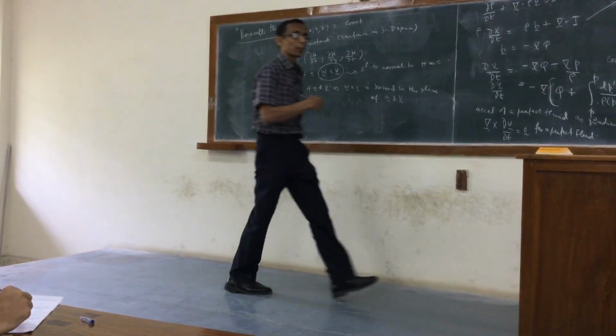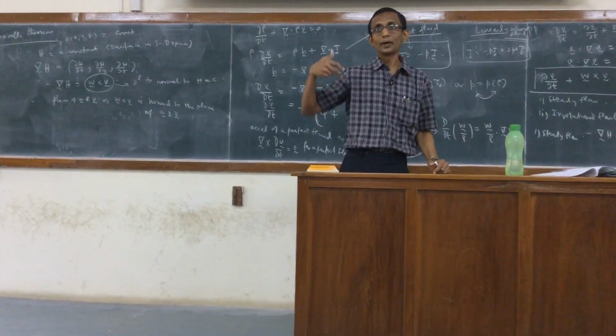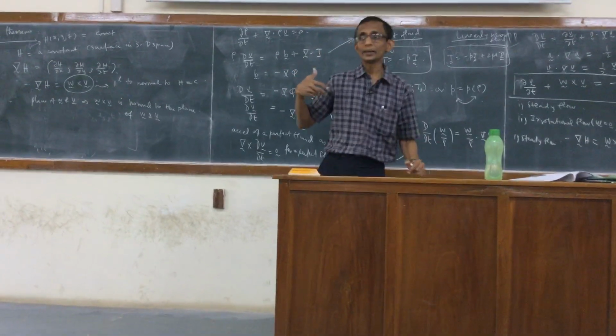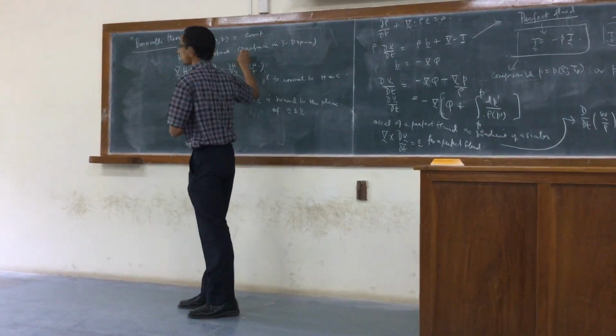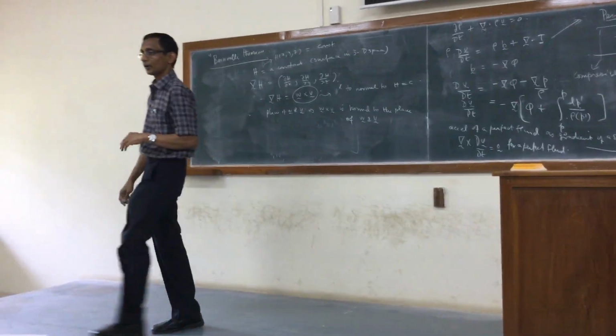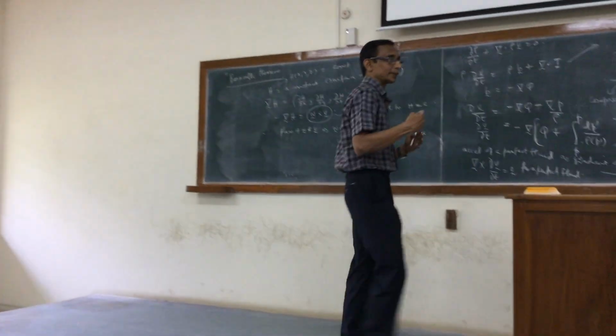What can you say about the plane? Yeah, exactly. The plane of w and v is actually a tangent plane at any point to the h equal to constant surface, from which, of course, you can talk about the plane being tangent to the surface.